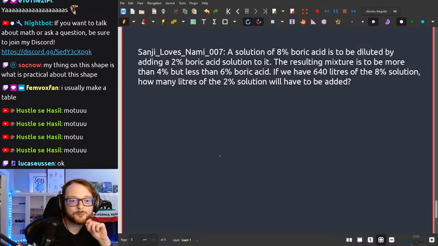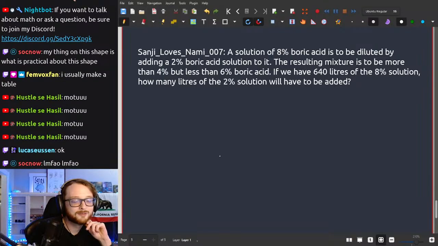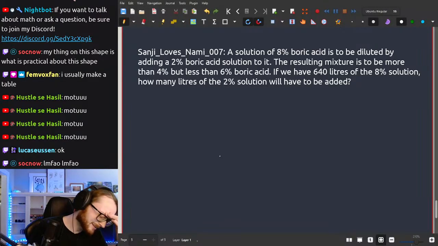More than 4%, but less than 6%. So how do we set this up?